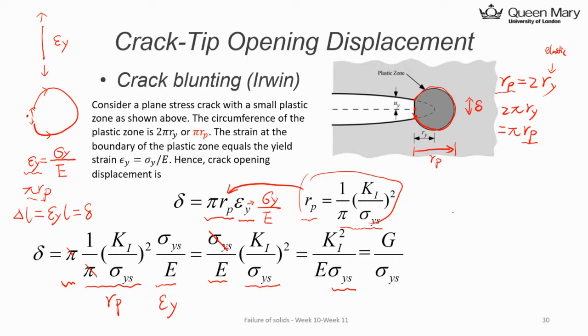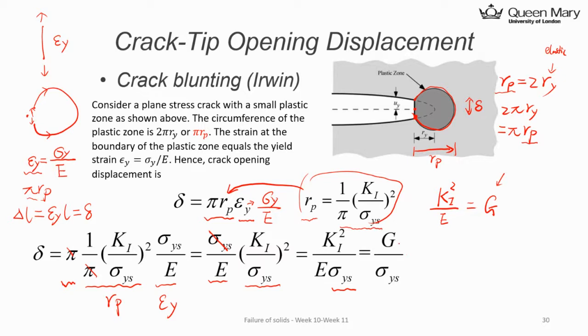And then, if you remember the relationship between G and the K I, which is this one. It is good to recap the knowledge you learned for linear elastic material, okay? Here we still assume this is a small confined zone, okay?